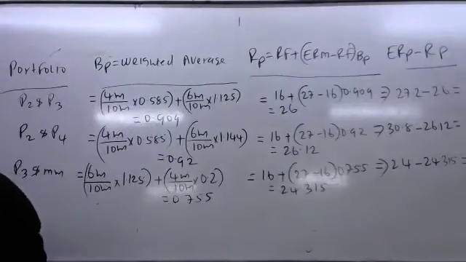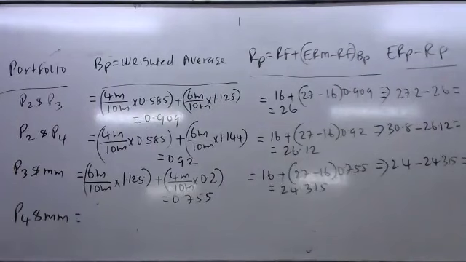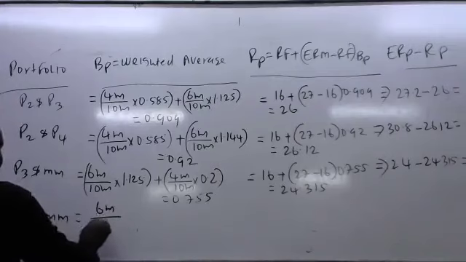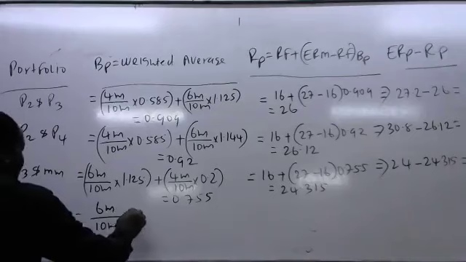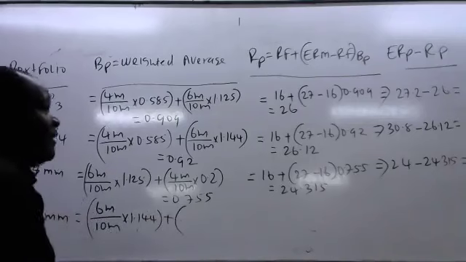Then the last one was project 4 and the money market. The last combination was project 4 and the money market. So project 4 was also 6 million divided by 10. So the beta factor was 1.144. Then we add now the one for the money market.